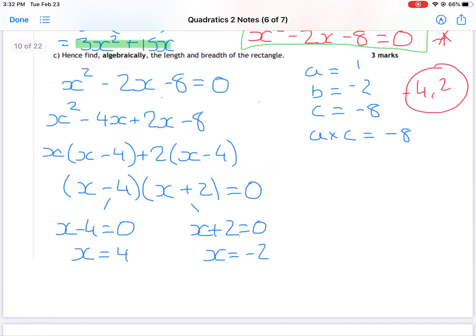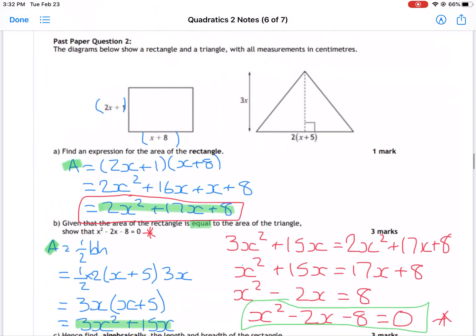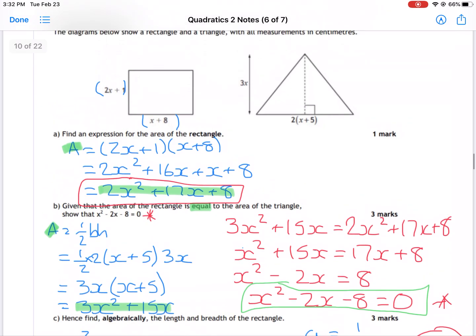Now again, since this is in context, we can't have a negative length for the rectangle, so if x was equal to 4, we could do x plus 8, which would be 4 plus 8, which would be 12, that would be okay. 2x plus 1, that would be okay as well.